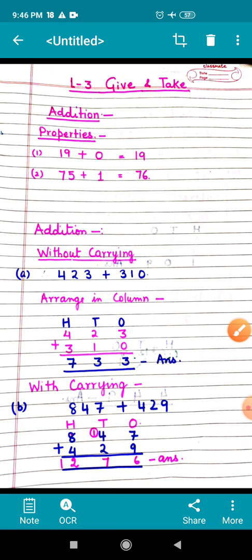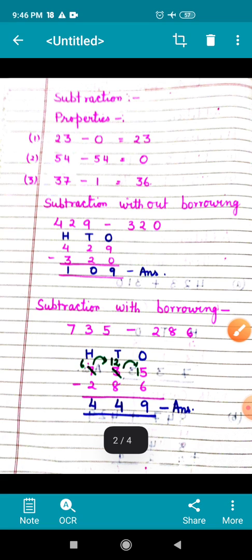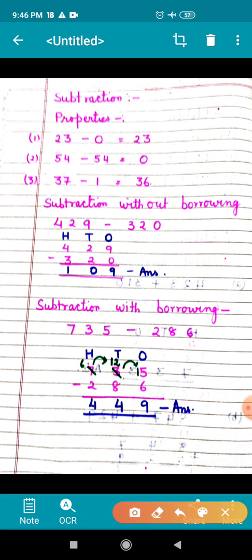Okay, now let us see the method of subtraction. Children, as you all know, the sign of subtraction is this minus sign we are using, and the answer of subtraction is known as difference.